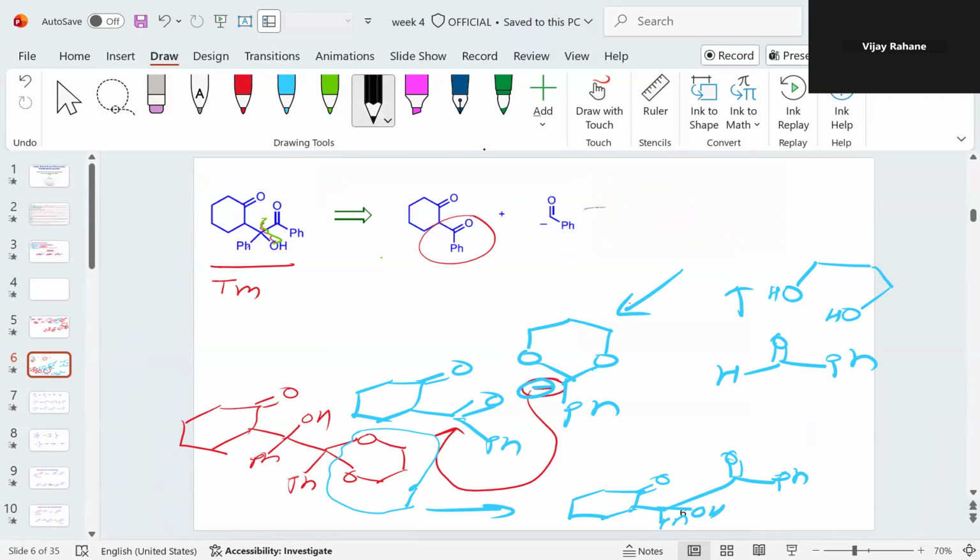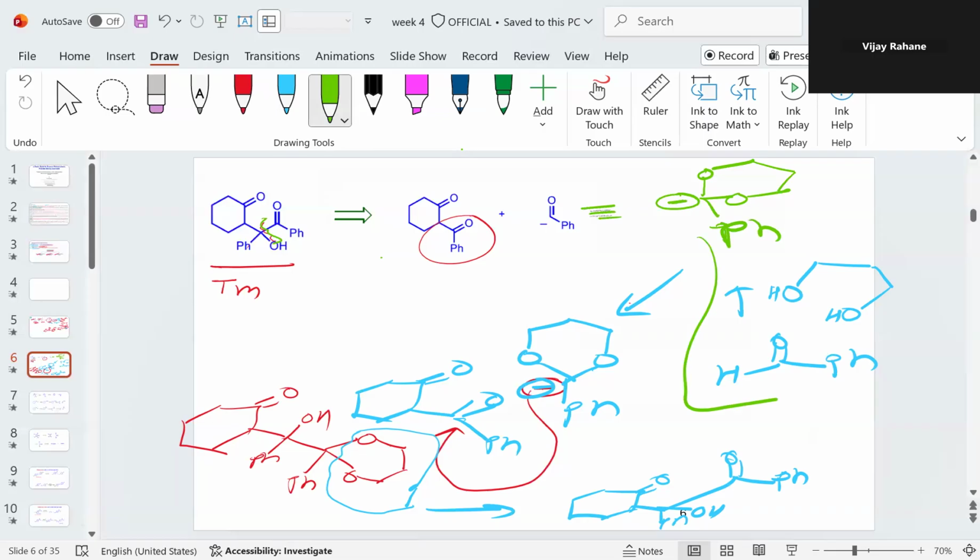if you look closely, this is a negatively charged carbonyl. It means we can achieve this negative charge on the center from such a species, Ph. And how can we synthesize this? For that I have shown here, in this way we can do the synthesis.